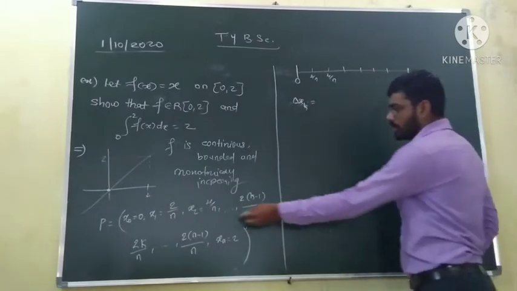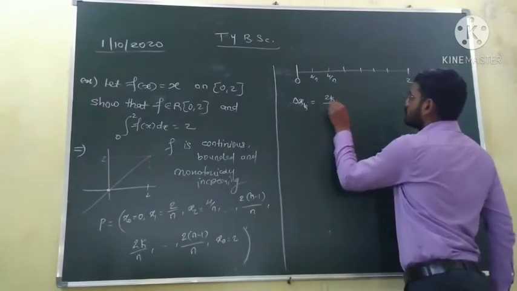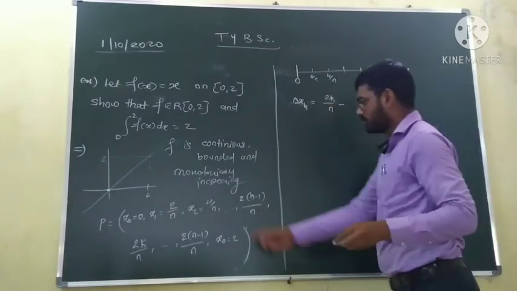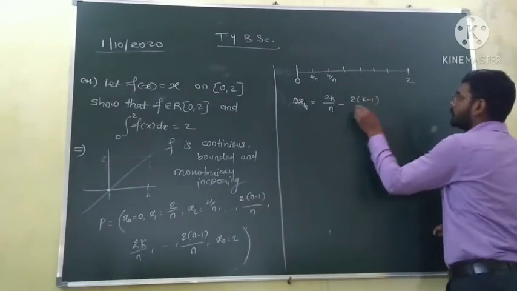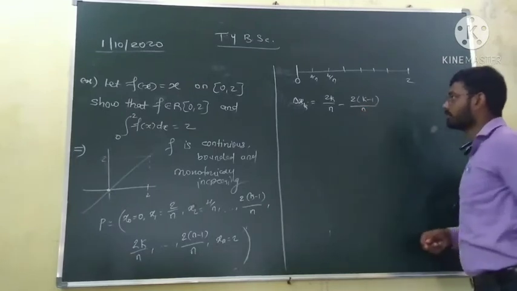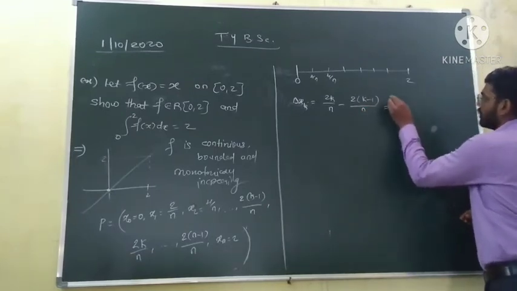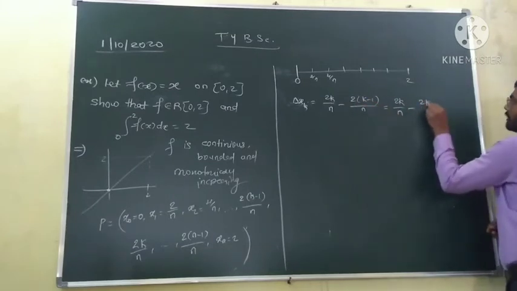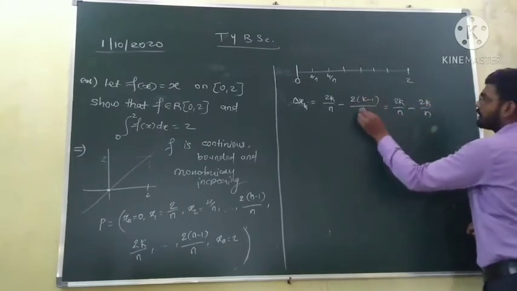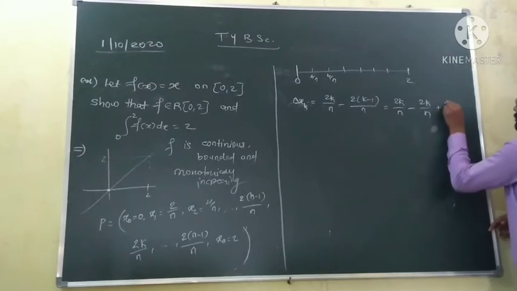See, twice k by n minus twice k minus 1 upon n. So this is equal to twice k by n minus twice k by n, so minus minus plus 2 into 1 by n. So plus 2 by n.